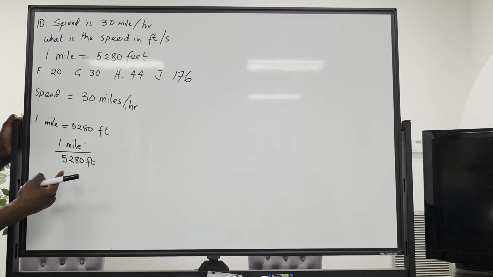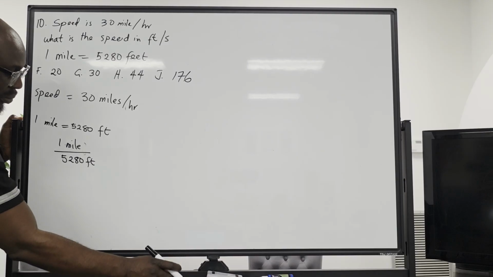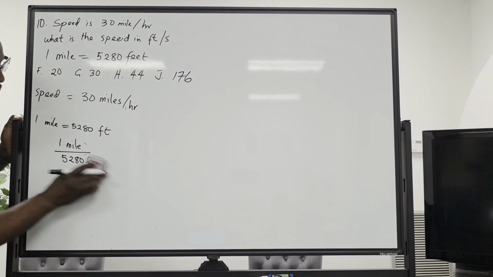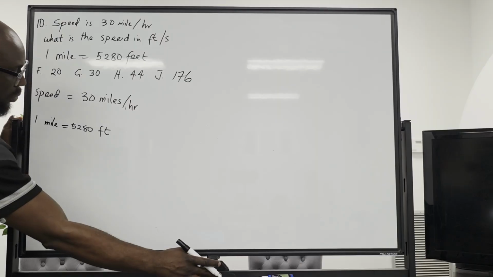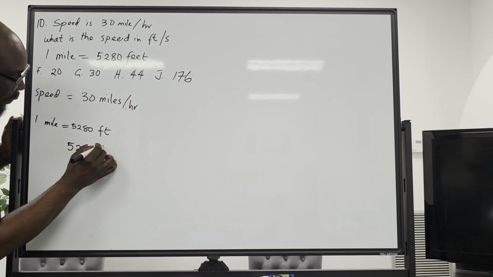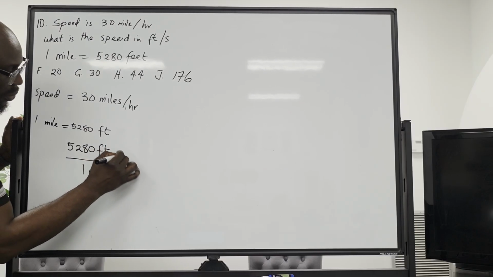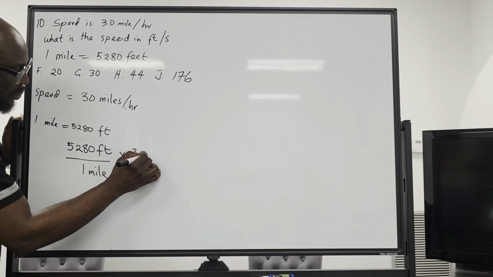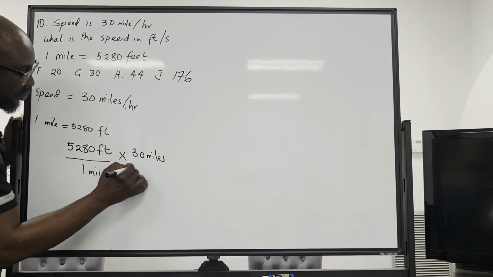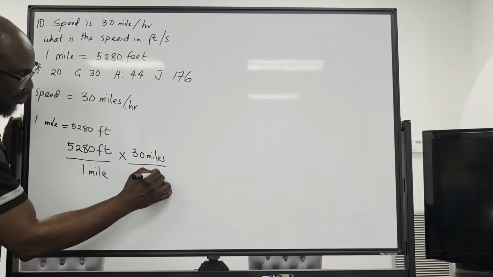Since we're looking for feet in this case, we're trying to remove mile from the equation. Let me do it the other way so it's easier: 5280 feet is 1 mile, times 30 miles, is equal to X feet, right?